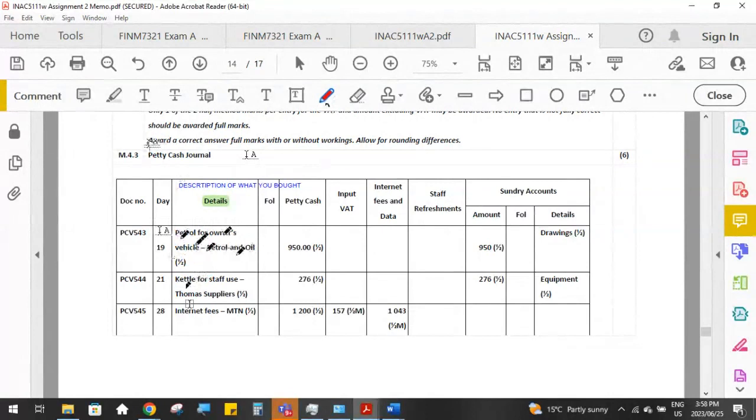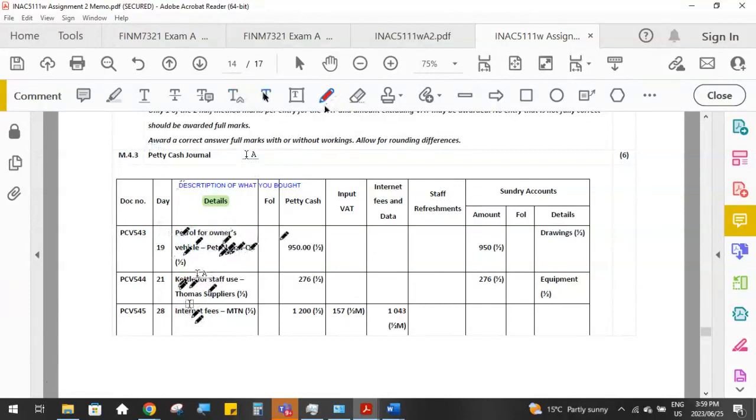You just write down what did you buy, because the petty cash slip will be attached and you'll be able to see the name of the business on the petty cash slip. Kettle, and the last one is internet fees. Okay, they told us we paid internet fees on the 28th. Bought data from MTN and we used petty cash. So a lot of you put data, that's also fine.